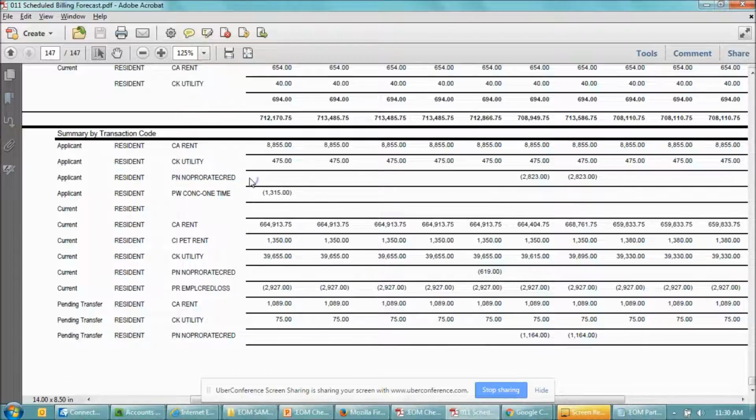But when someone is scheduled to move out on a non-month last day of the month ending date, the system throws this silly code in there to adjust for the gain loss to lease. And we don't budget that way, so we don't want to see that code there. So we do need to just make a minor adjustment on the scheduled billing forecast. The scheduled billing ends on the last day of the month, so there's no prorate.